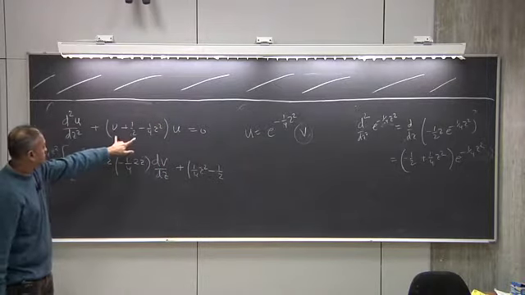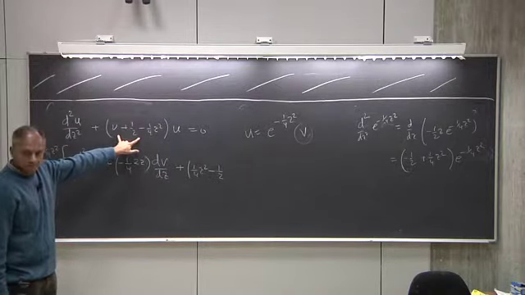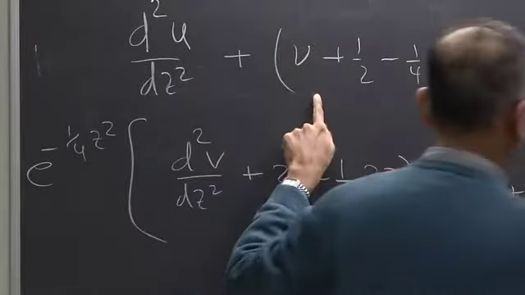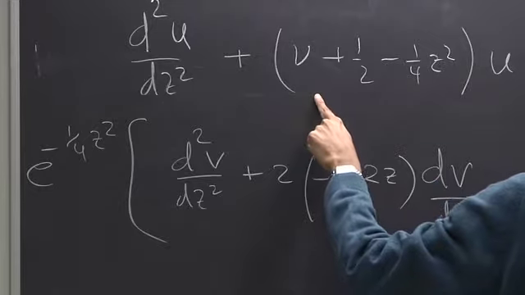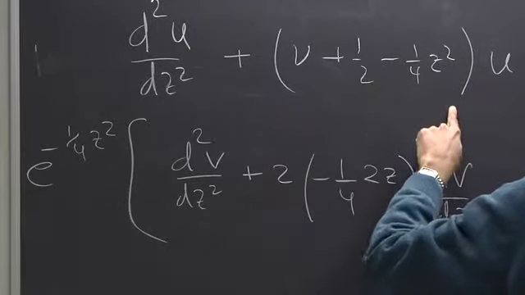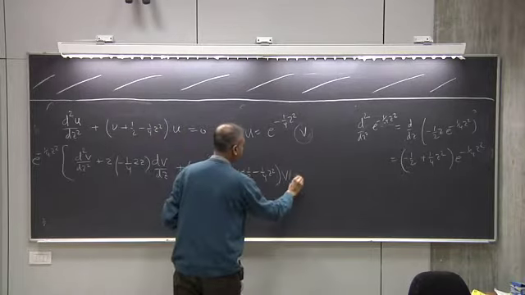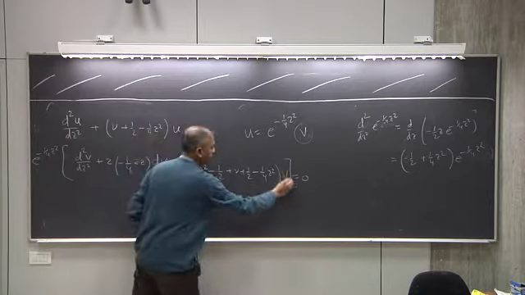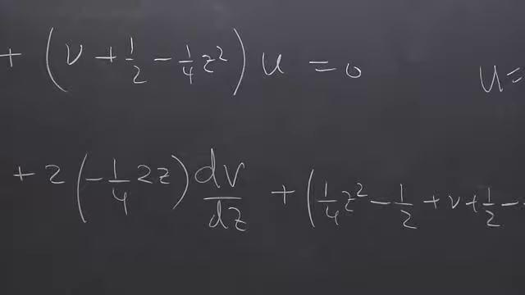But then I can also combine this part, since there's no non-derivative term here. So you get plus nu plus half minus 1/4 z square, times v, equal to 0. So this exponential is completely outside. That's the equation you get.